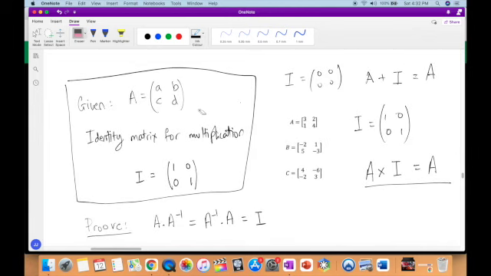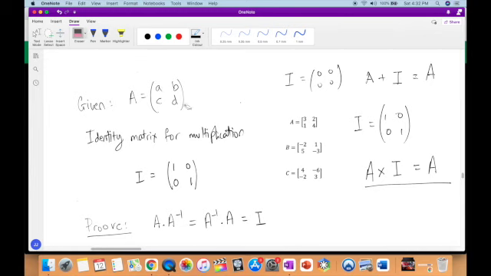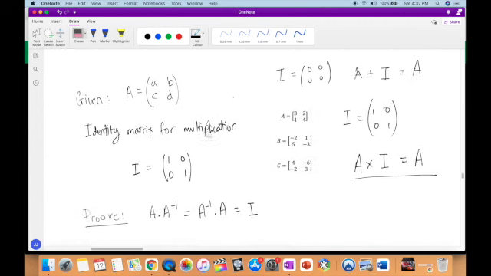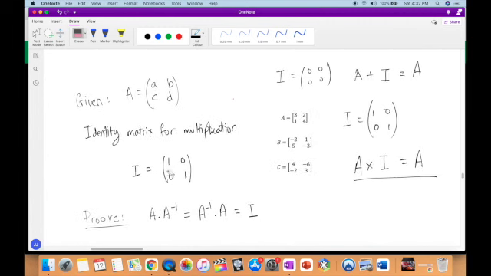So what they say in here, and this is a real important thing, is that given the matrix A, which is this, the identity for matrix multiplication is 1, 0, 0, 1.